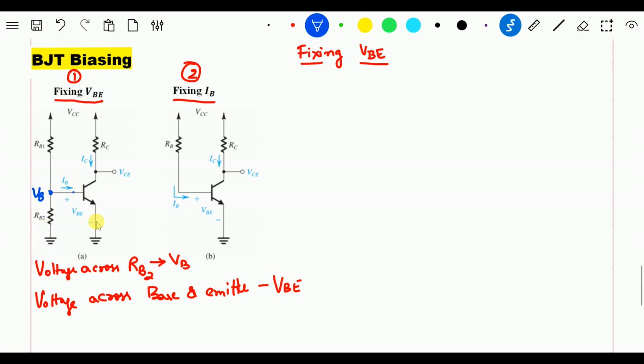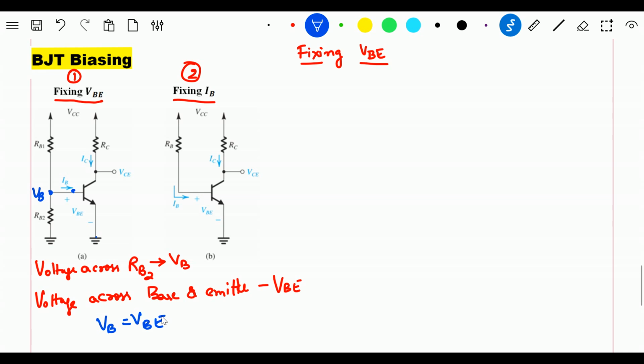Because from base till ground can also be the base and emitter voltage. So in this case I can say that VB and VBE both are equal.